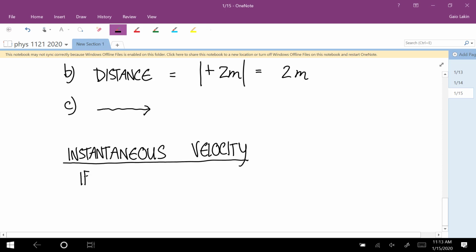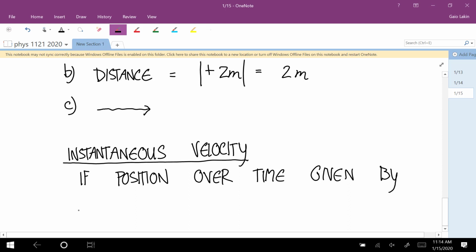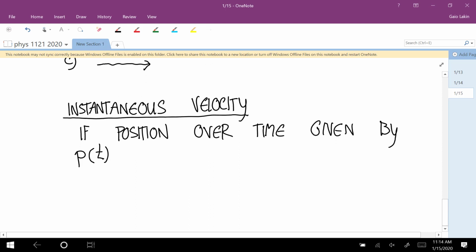And if the position over time is given by the function p of t, then instantaneous velocity as a function of time is the time derivative of the position.